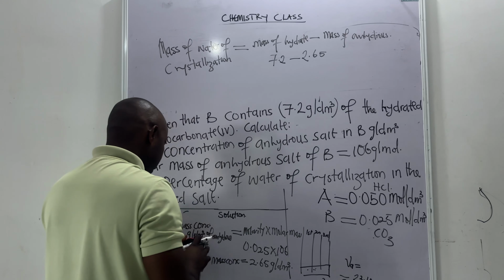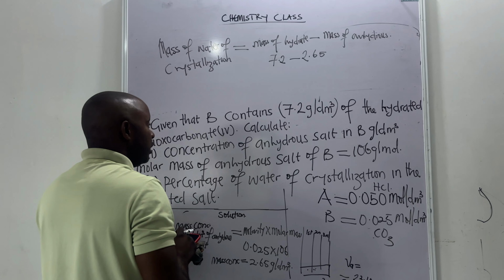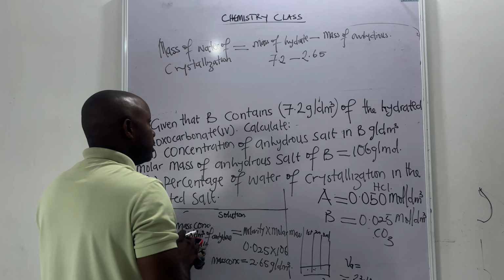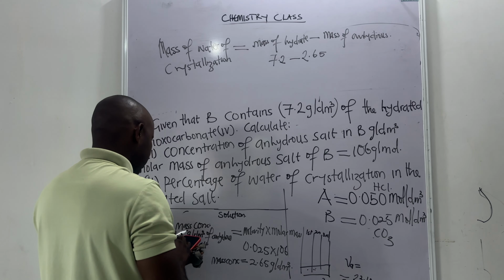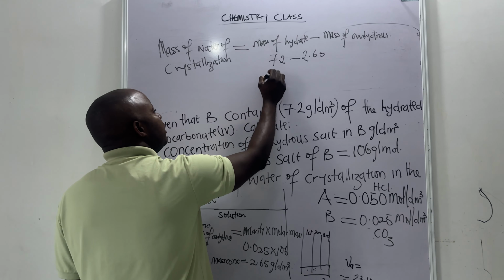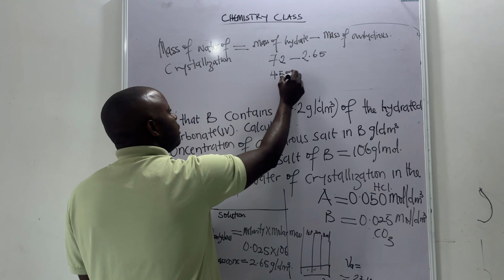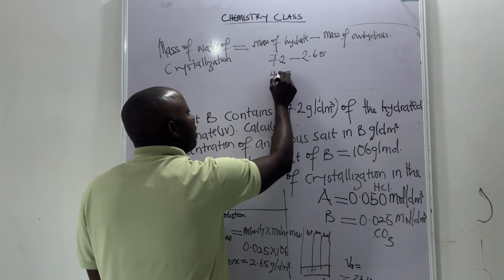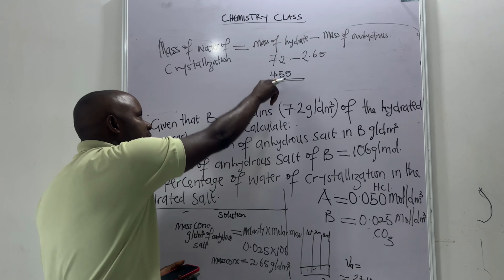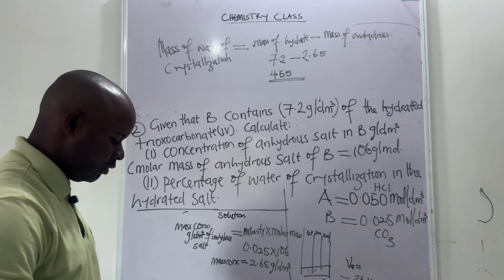So 7.2 minus 2.65, the mass of water of crystallization is 4.55. So what is the percentage of water of crystallization?